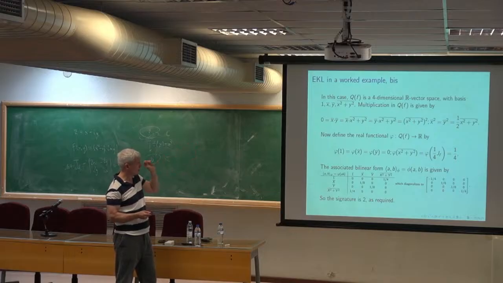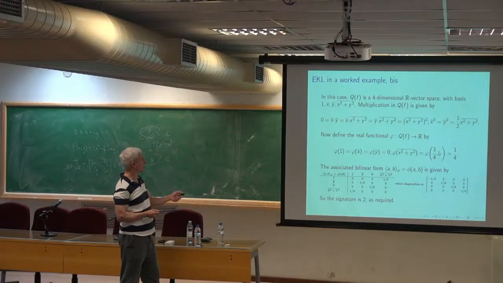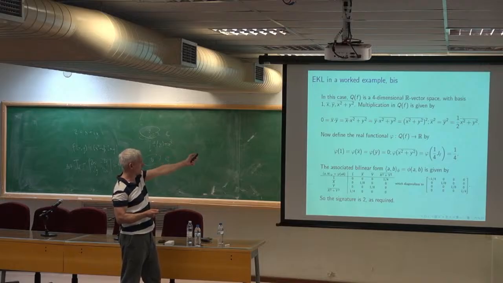There's a basis. We can fix a real basis, just given by the residues of 1, x, y, and x squared plus y squared. And then multiplication in this basis is easy. In particular, one thing that you see right away is that at the topmost degree, this x squared plus y squared, up to a multiplier, is just the Jacobian again.